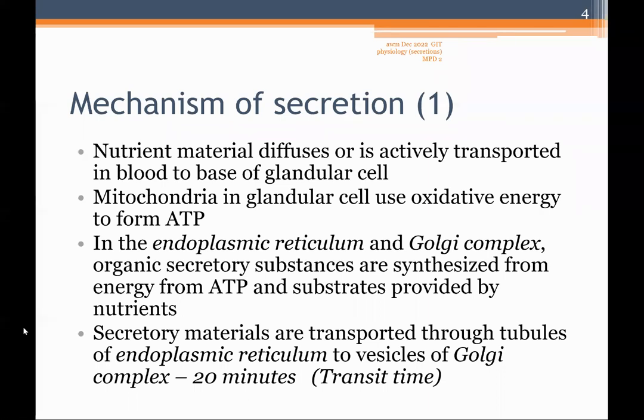The secretory materials, once they are formed, are then transported through tubules within the endoplasmic reticulum to vesicles in the Golgi complex. Now, all of this, starting from the blood coming in with the nutrients, to the synthesis of the organic material, to its being transported to the vesicles in the Golgi complex, takes about 20 minutes. So it is not automatic.